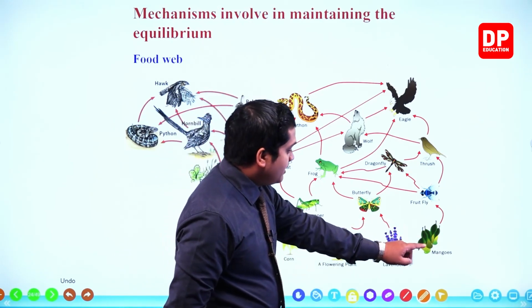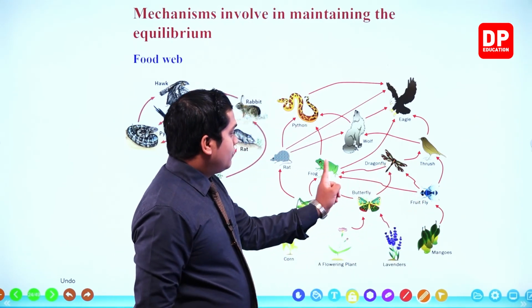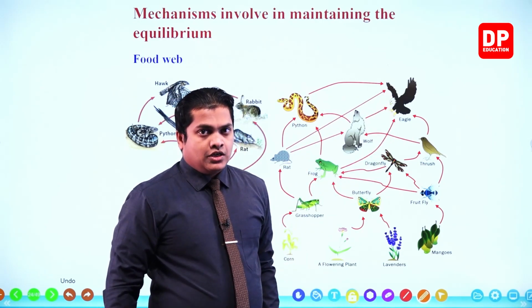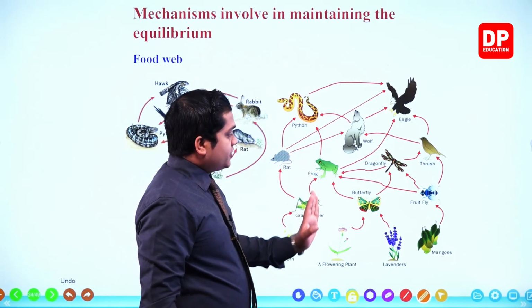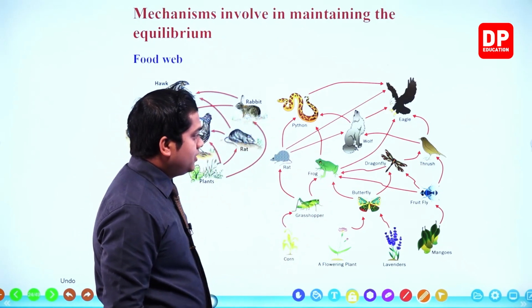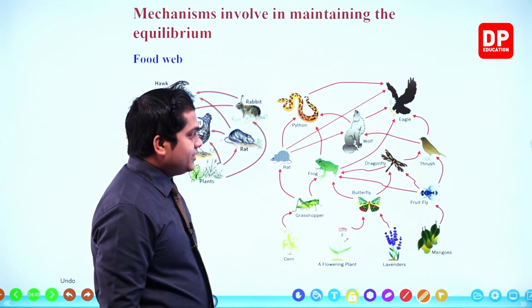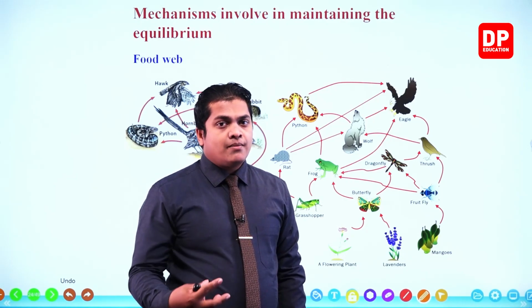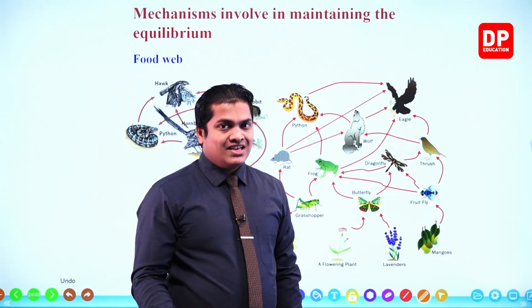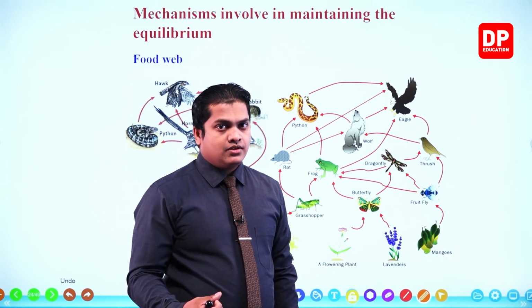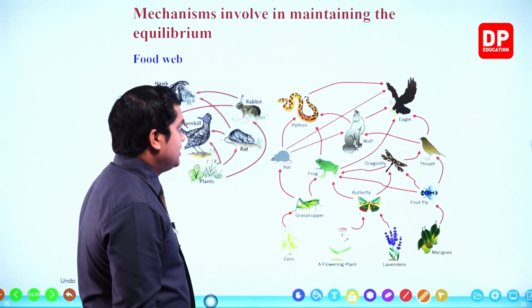So there are different links, 1, 2, 3, 4, 5, 6 links. Okay, so this way, my dear children, a web-like structure created by the collection of a large number of food chains together is referred to as a food web. This is the one which is referred to as a food web.